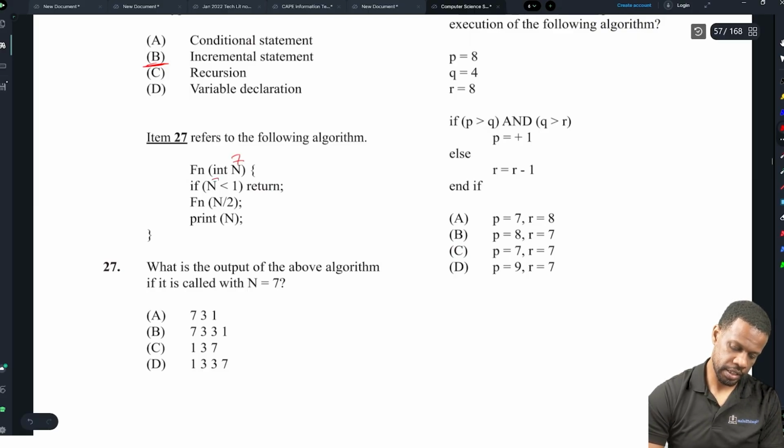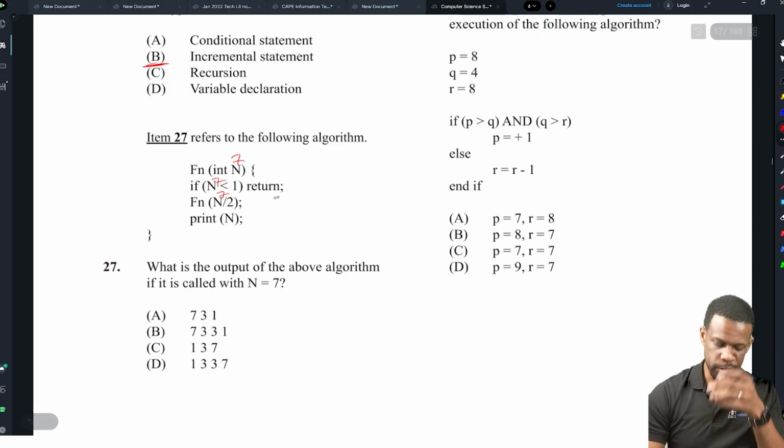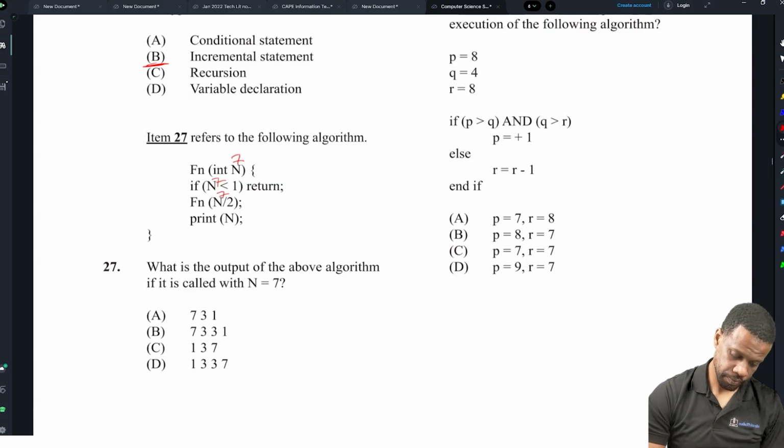If 7 is less than 1, return. It's not less than 1, so there's no return. Function is equal to 7 divided by 2. So that's going to set back into here 3.5. 3.5 will be the new number.